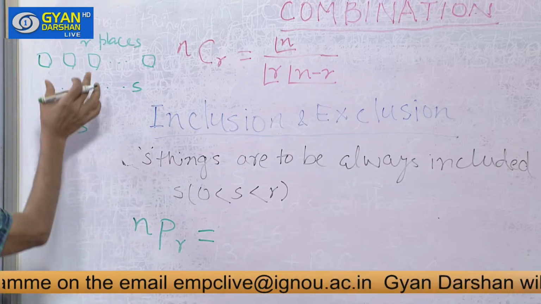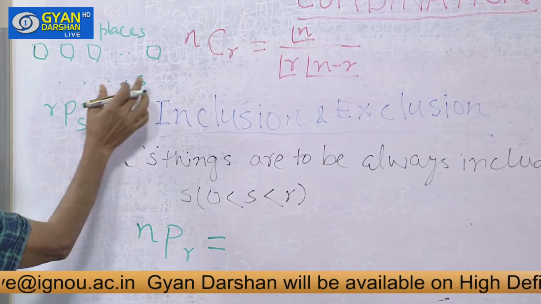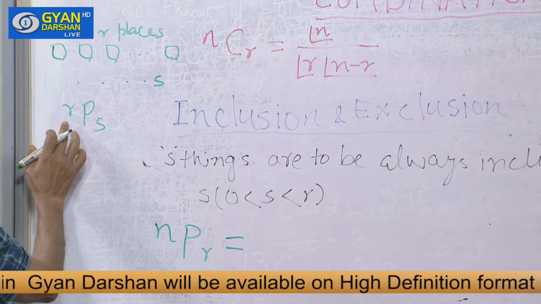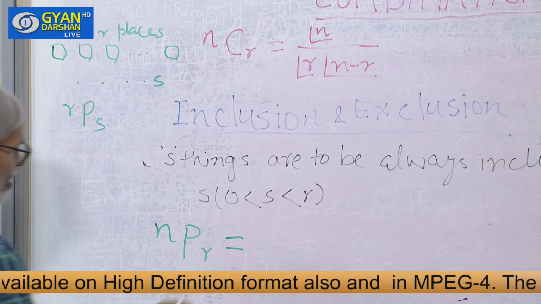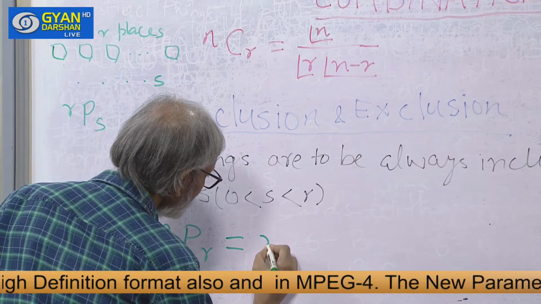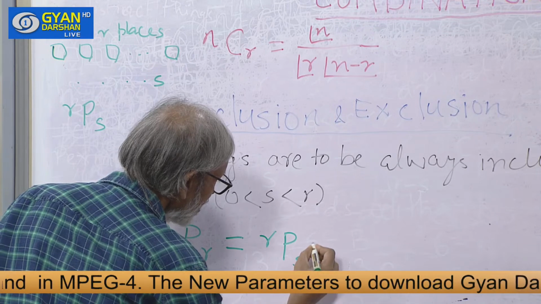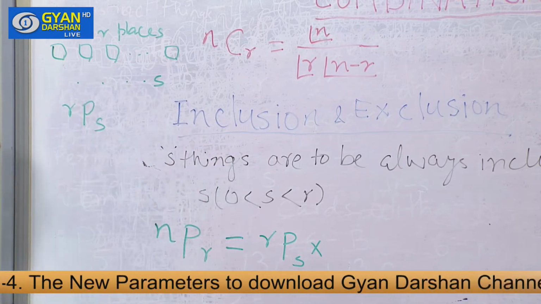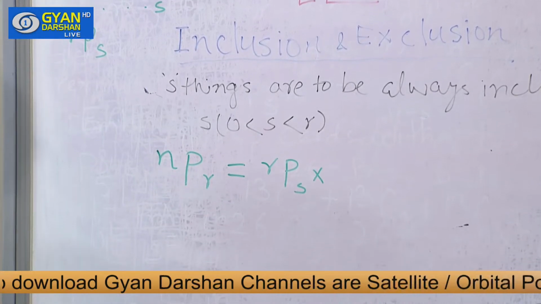That is, s places can be chosen from r places in permutation in rPs ways. So, it will be rPs multiplied by, because simultaneously the rest of the places are to be also filled.